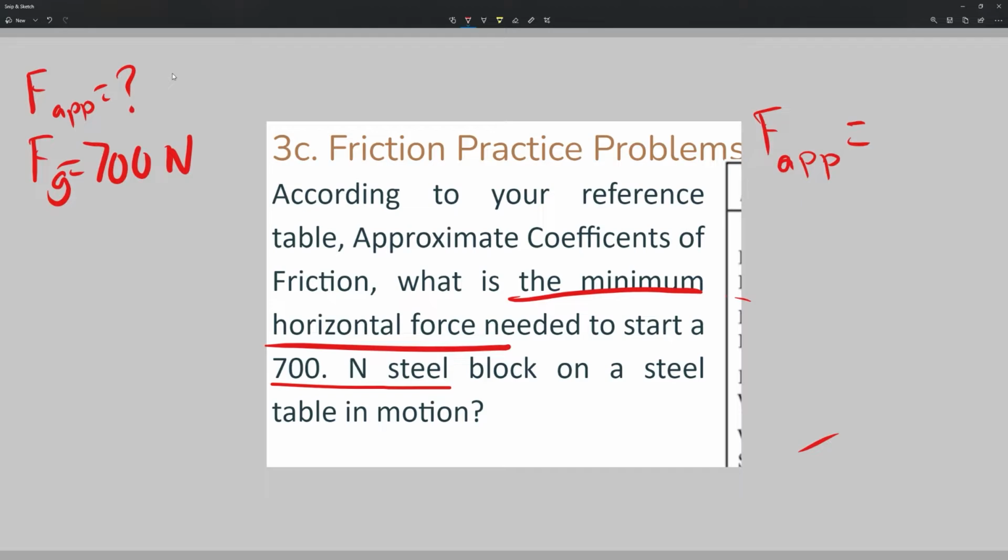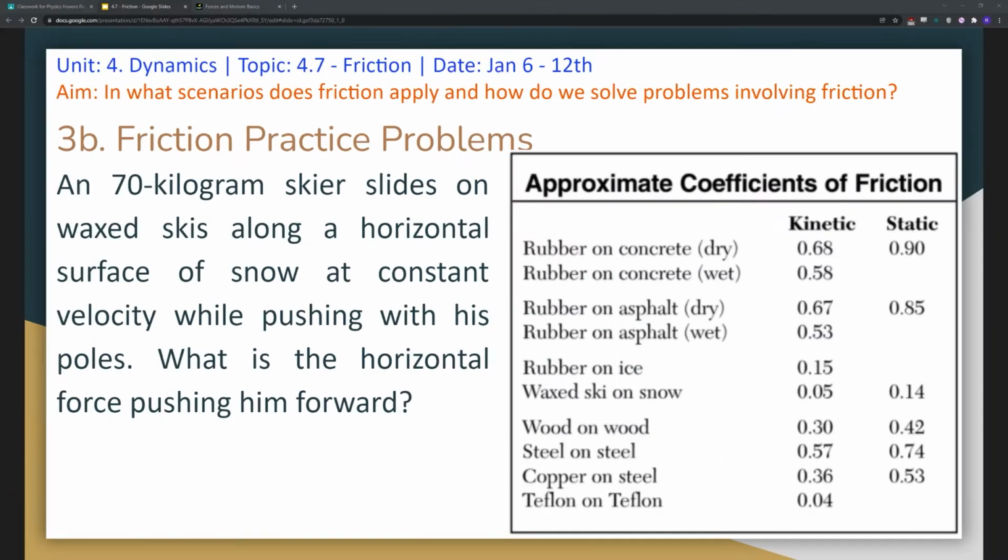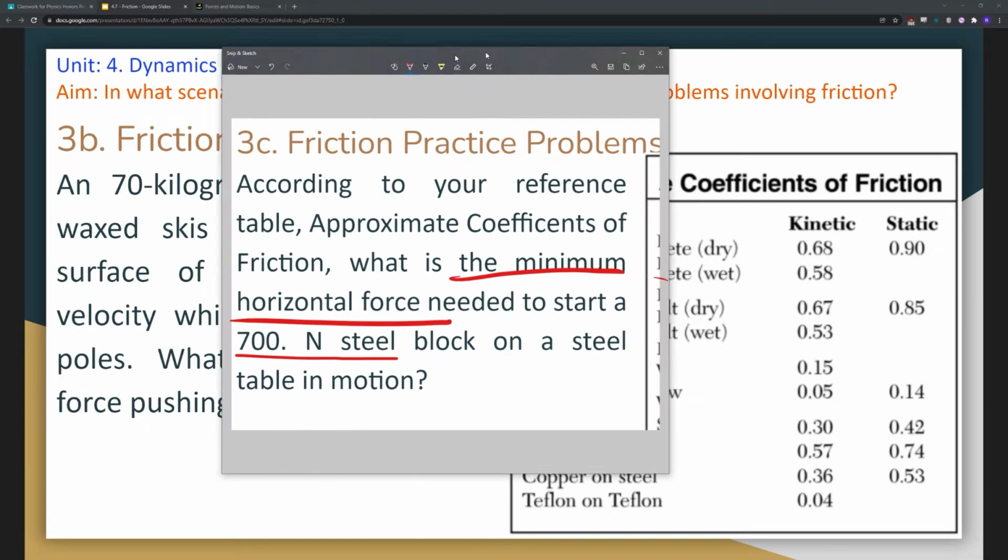And so it's a steel block on the steel table. And so the question is saying, what's the horizontal force needed to start this steel block in motion? So this steel block has not moved yet, so we are dealing with static friction here. So it's steel on a steel table. And so you look down here at your coefficient of static friction, and you should see 0.74 for steel on steel.